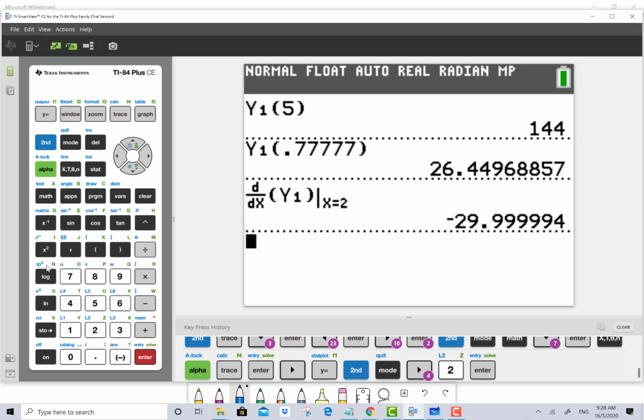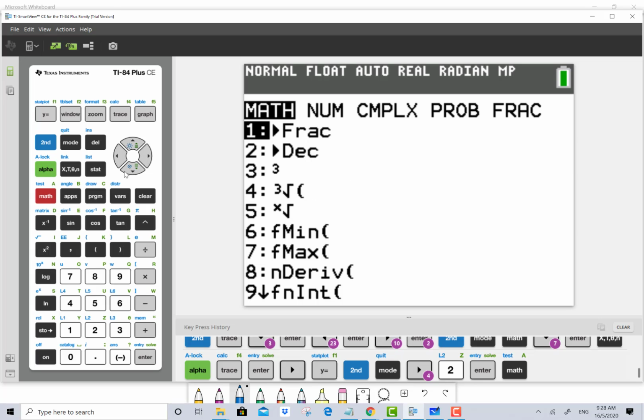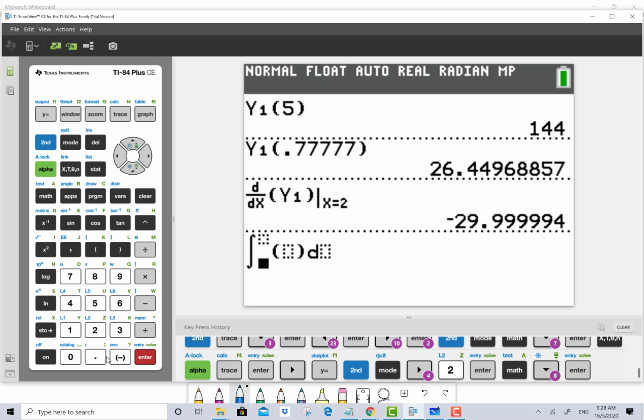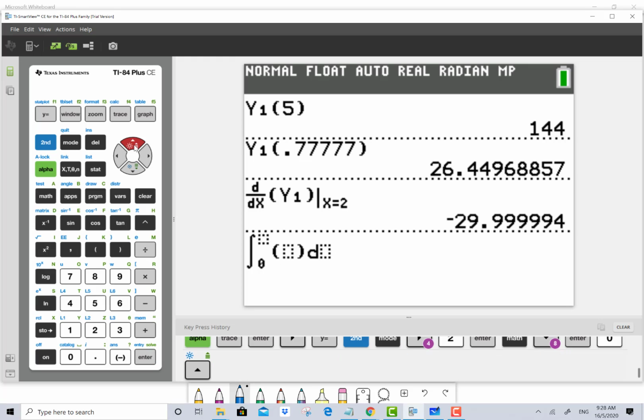Now I could do the same thing for the integral. Say I want to calculate my integral for that same function. What I simply could do again, hit math, scroll all the way down to integral, hit enter. Say for instance I want to find the integral from 0 through 30. If I want to find my integral, I can go over now and recall the function that I've just entered.